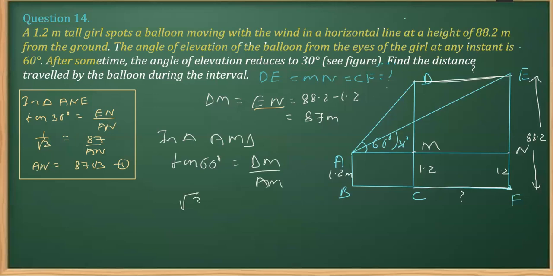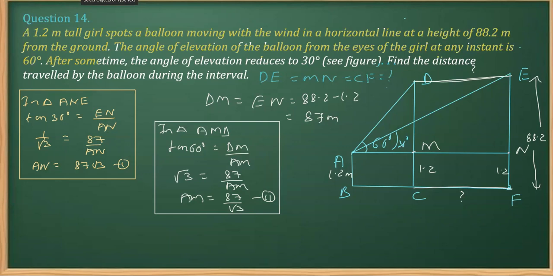Tan 60 is root 3. The length of DM is from here, that is 87, and that of AM is what we are required to find. So by cross multiplication, AM is equal to 87 over root 3. That should give you the equation 2. So you may rationalize it or you may leave it for the final part.